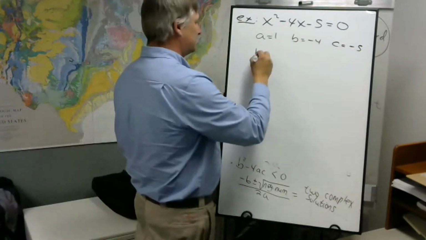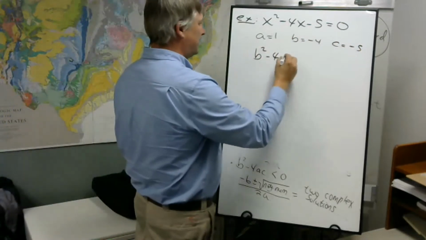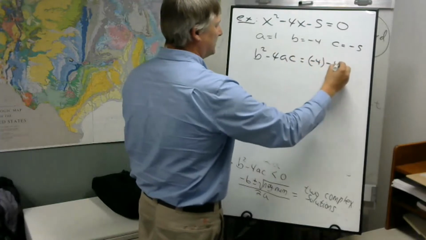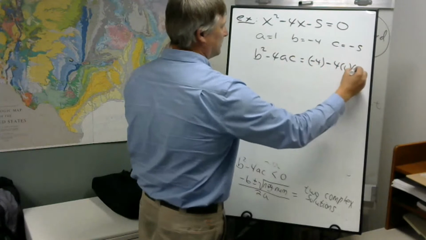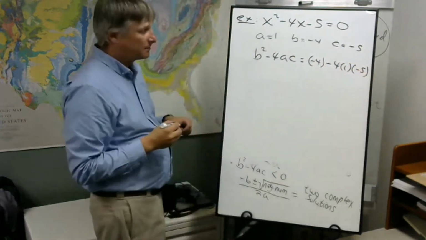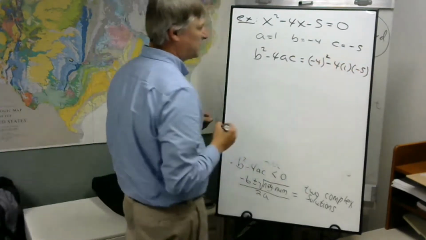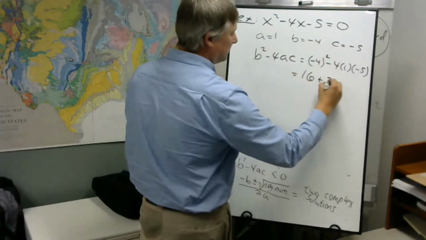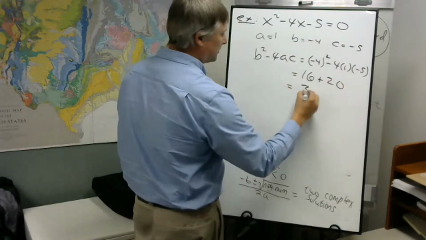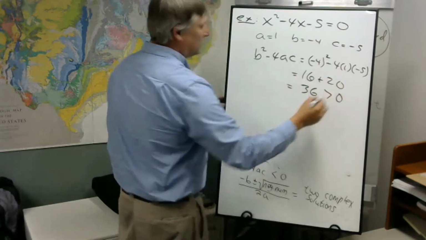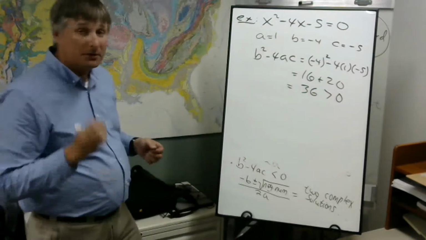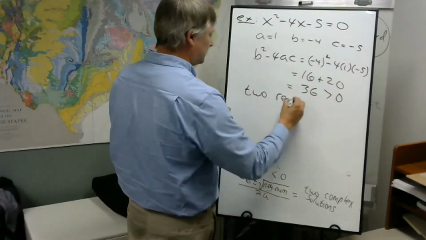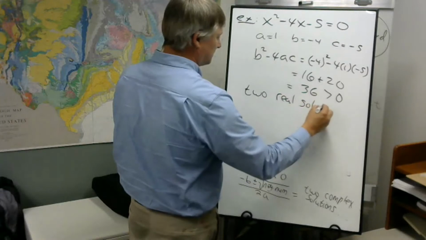So we have B squared minus 4AC, which will be negative 4 squared minus 4 times 1 times minus 5. So 16 plus 20, or 36. And this is greater than 0. So that means there are two real solutions.